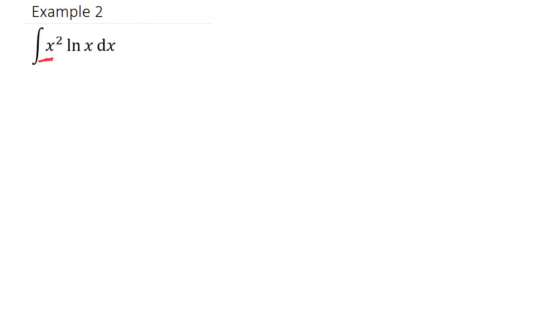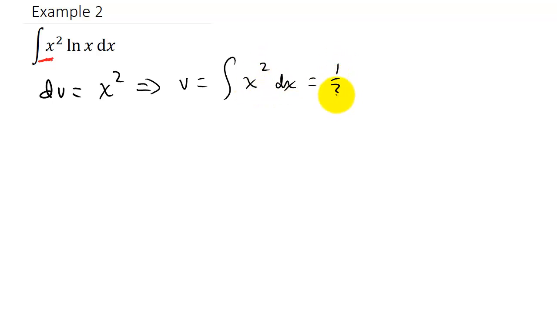Okay, so dv is equal to x squared, so that means that v is equal to the integral of x squared dx. So that would equal, the integral of that is 1/3 x cubed.